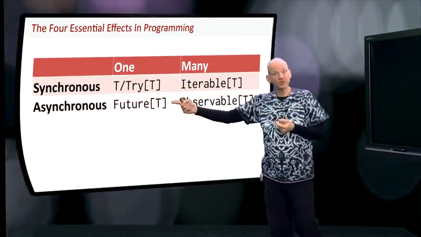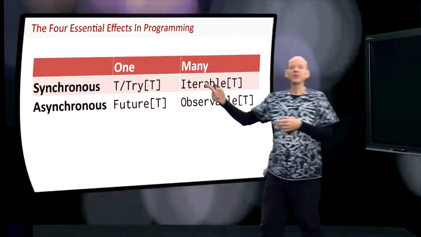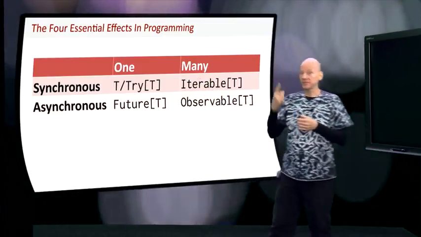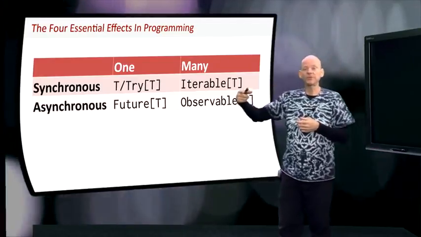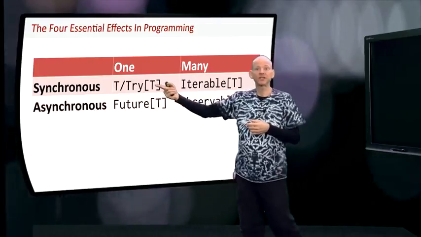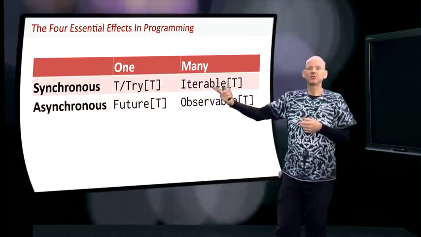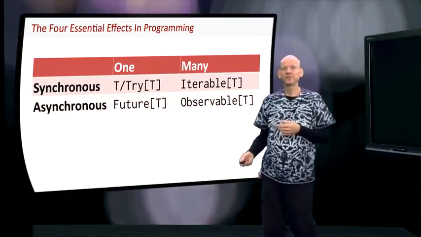We showed that these two were connected via dualization. Then we looked at synchronous collections, so collections of values where you pull, where you block, and we have a function here that you block on. And then we used the same dualization trick to go from here to here.